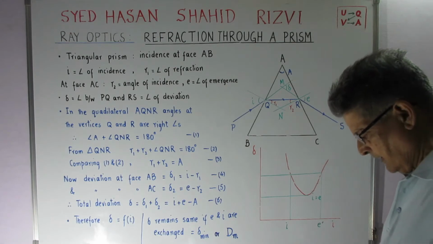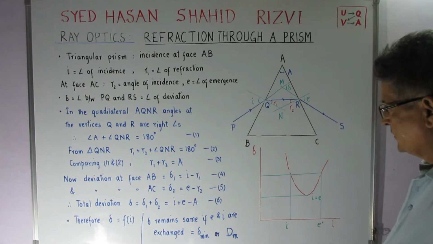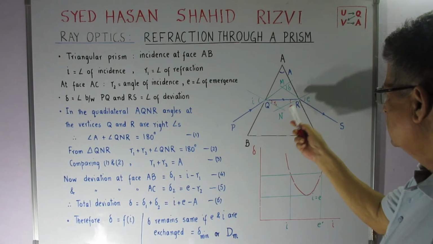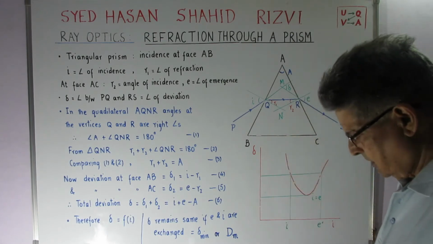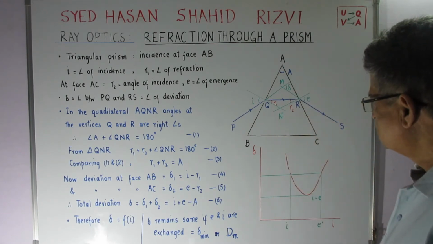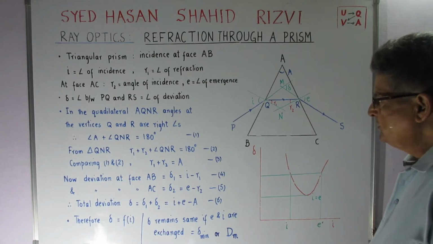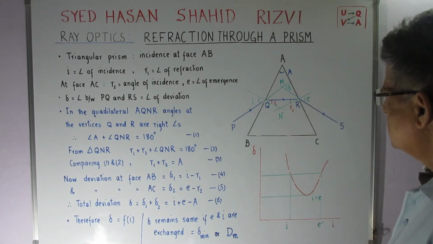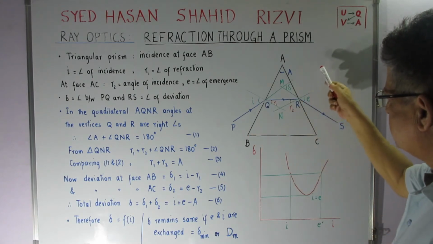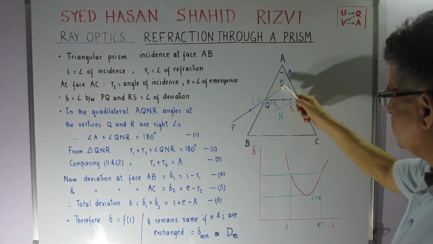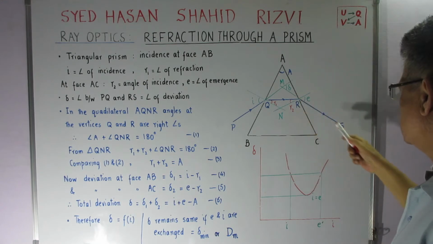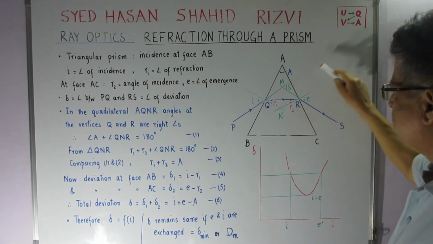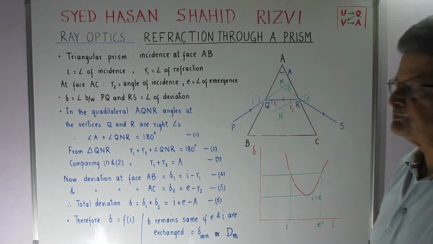which makes an angle E, angle of emergence. These green lines are the normals drawn to the two faces which meet at the point N, and the rays, when extended straight, meet at the point M, and therefore you can see that the total deviation is equal to delta.